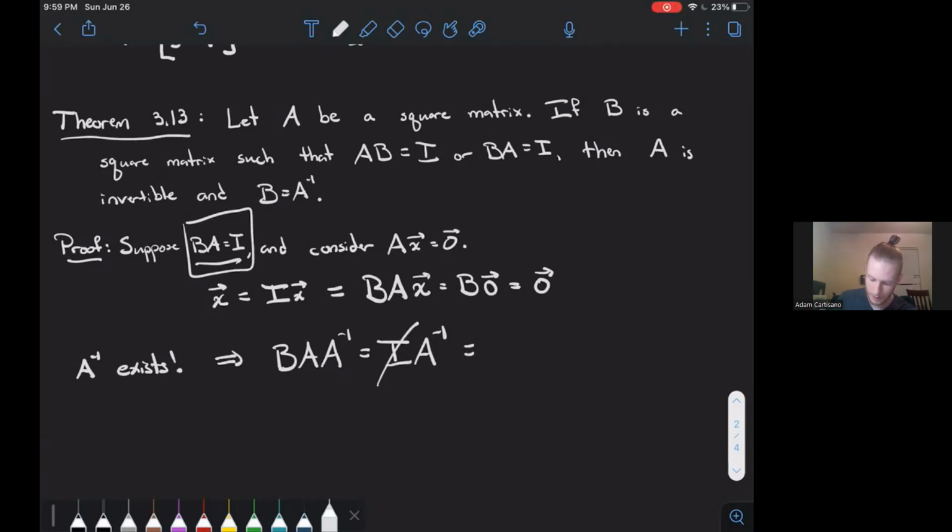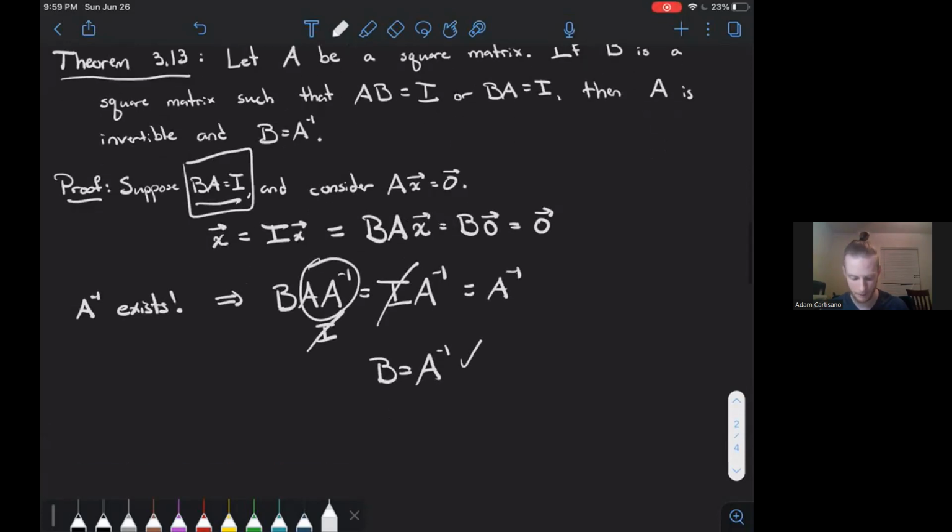I times anything is itself. And this guy is the identity. In other words, B is A inverse. And you could do exactly the same line of reasoning. The only difference is, if you wanted to do AB is I, then you have to multiply on the right. Right, so anyway.